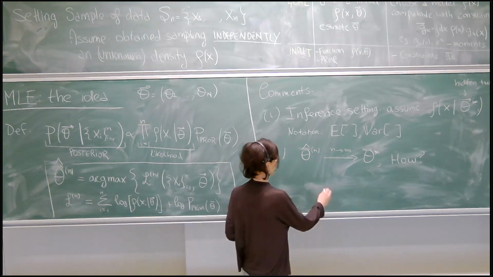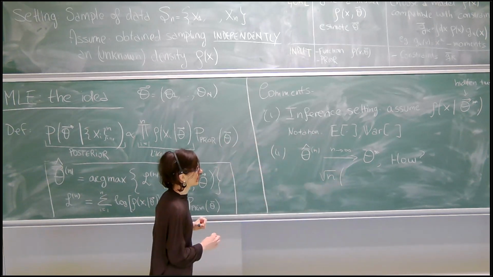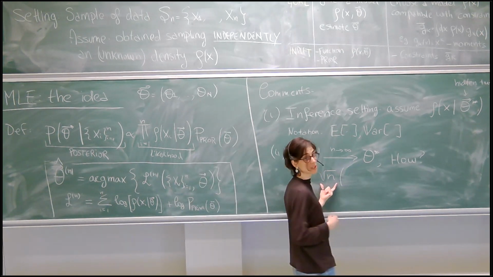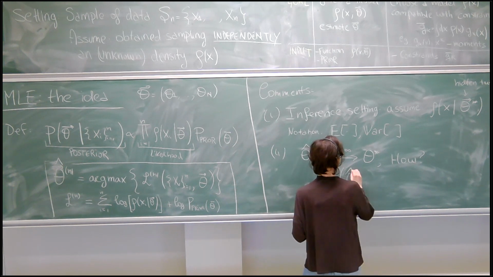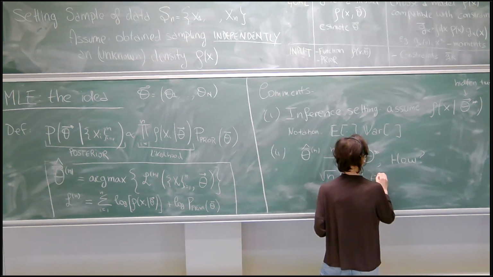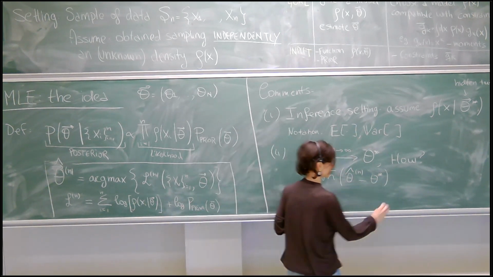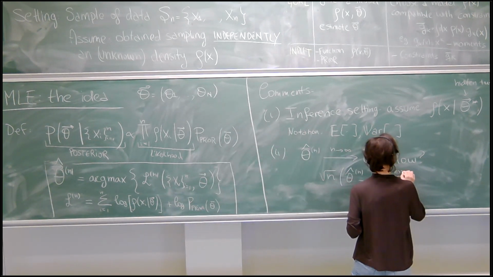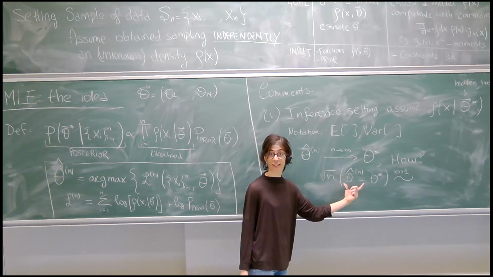So what I mean is that if you look at the rescaled variable, which is rescaled by the square root of n, as you usually do in the central limit theorem, for example, and you look at the fluctuations of your estimator with respect to the true value, what you can show is that asymptotically, so when n is large, this object will be distributed as a Gaussian.